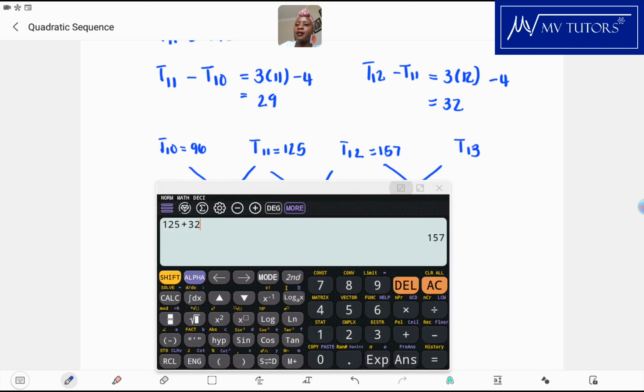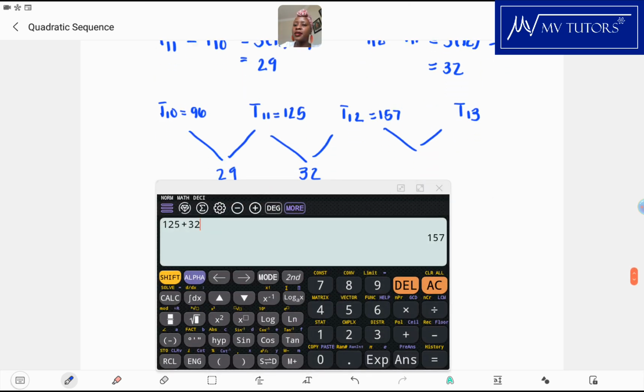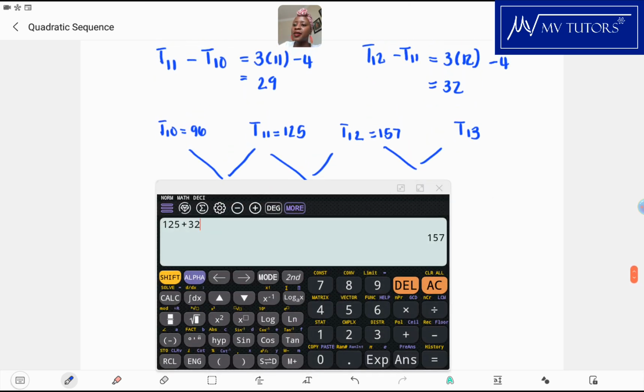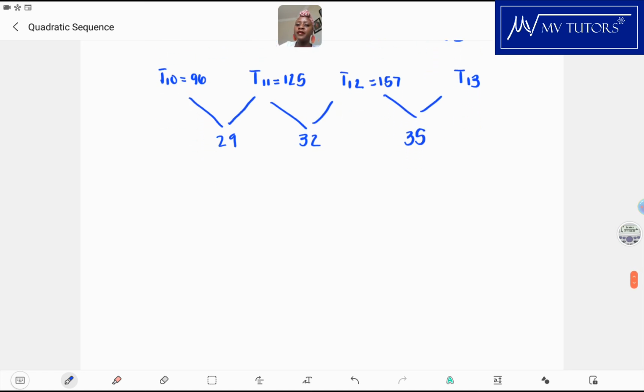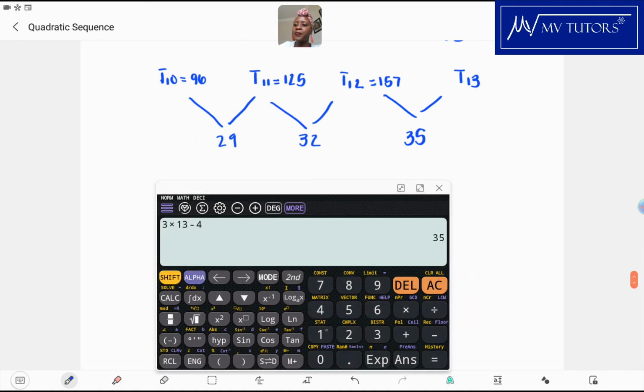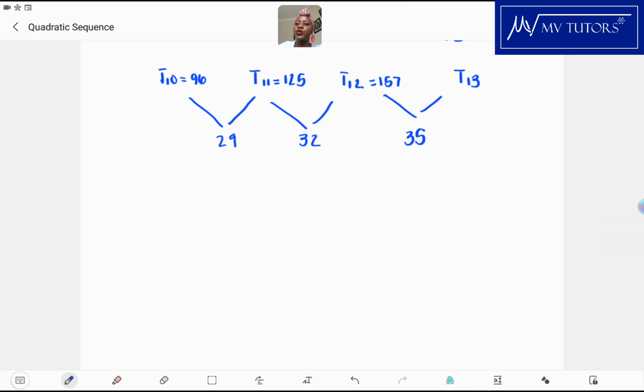Okay, and if I get the 13th term, let's just put it like this. If I look at T13, so that would be 3 times 13 minus 4, that's 35. Okay, so 35 is there, and if I have 157 plus 35, 157 plus 35 is 192.